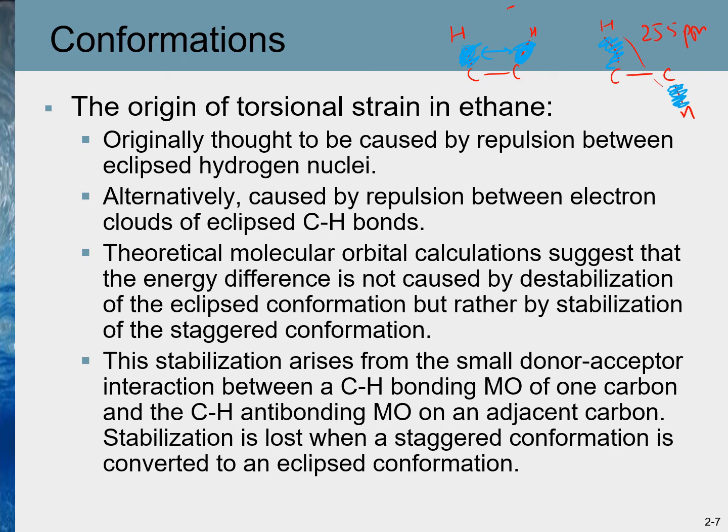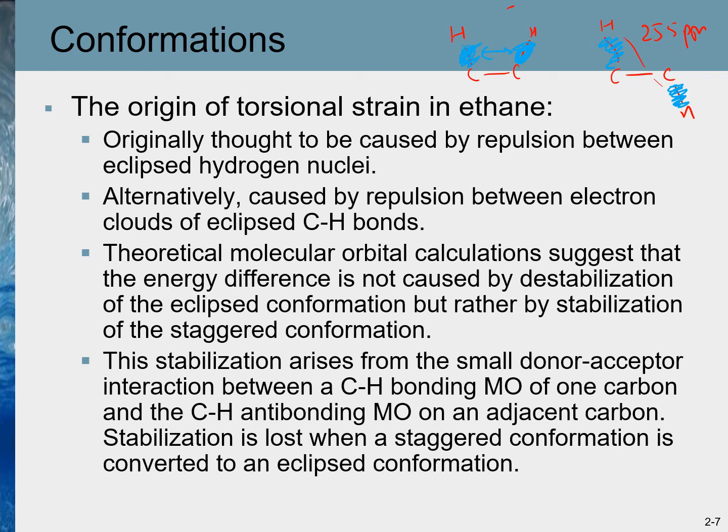However, with modern advances in computer science and other technology, we have now calculated from theoretical molecular orbital calculations that the energy difference between the conformational extremes arises not because of destabilization of the eclipsed conformation, but rather from stabilization of the staggered conformation.